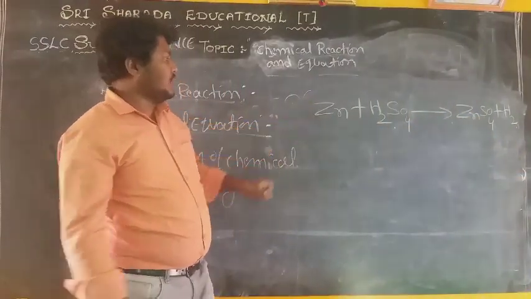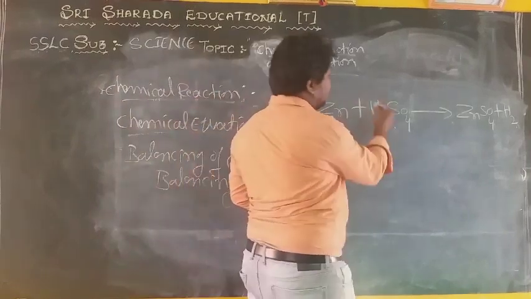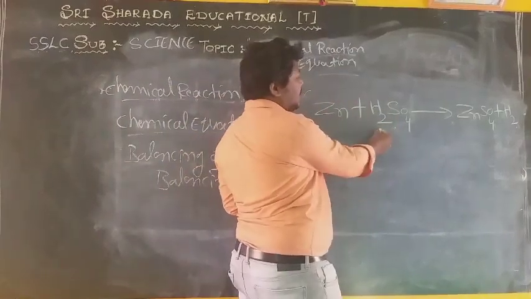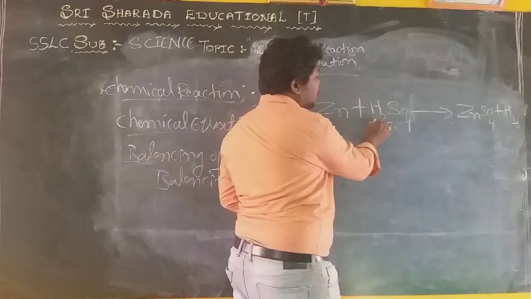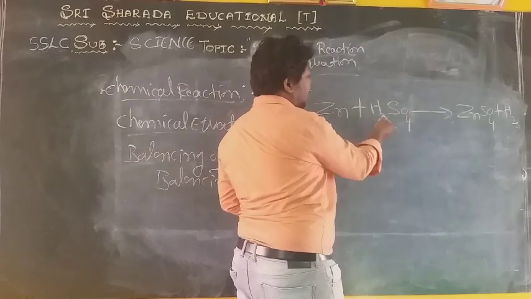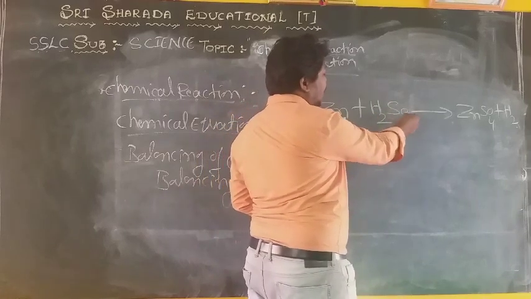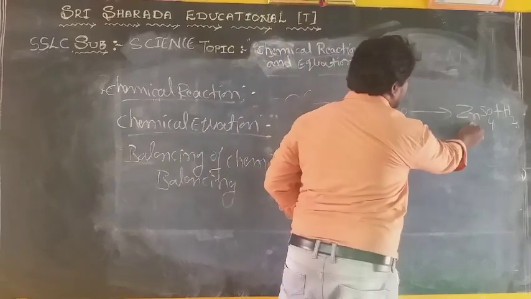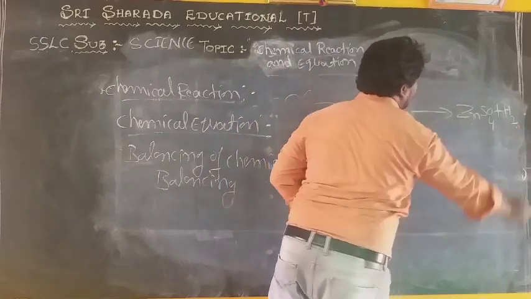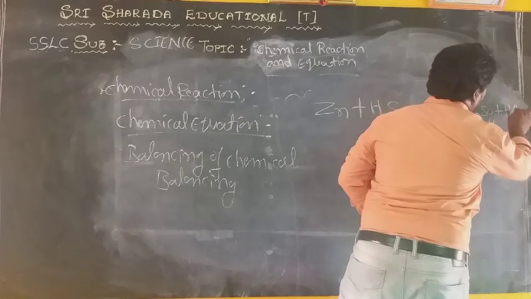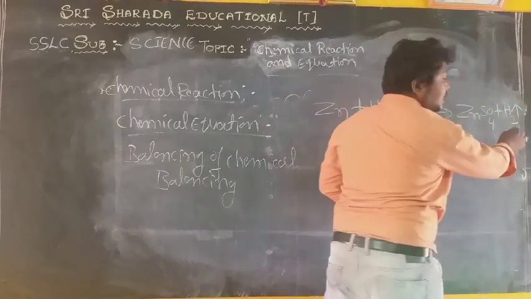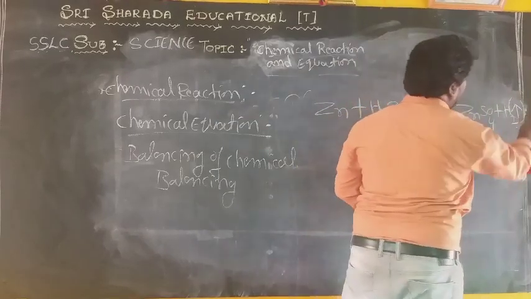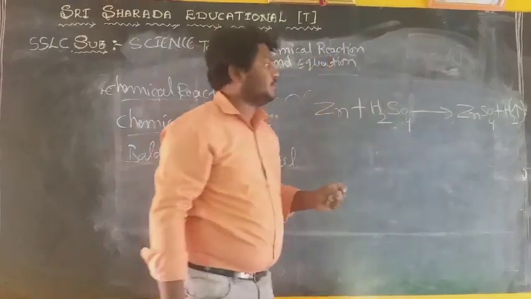Here in this equation, zinc reacts with sulfuric acid. Sulfuric acid is nothing but hydrogen sulfate, which has hydrogen, sulfur and also oxygen, and gives rise to zinc sulfate and releases hydrogen gas. The liberation of hydrogen gas is represented by the upward arrow mark.